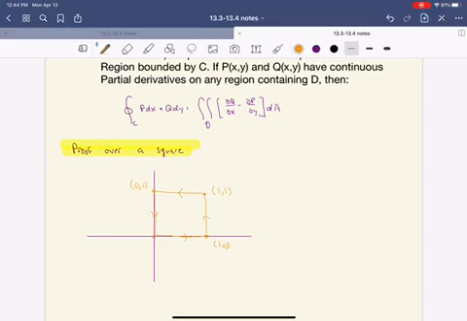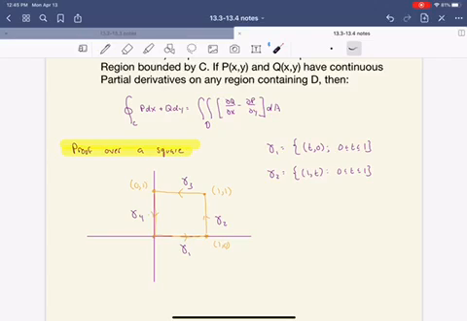I like to think of our curve here as actually moving in 4 different ways. Gamma 1, you can think of it as t, 0, where t goes from 0 to 1. Gamma 2 is going to be 1, t, where again t goes from 0 to 1.